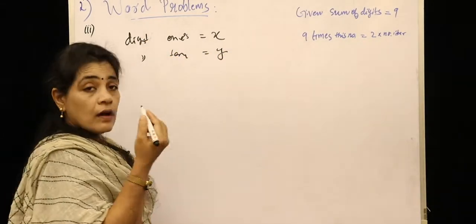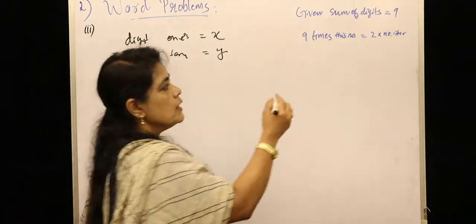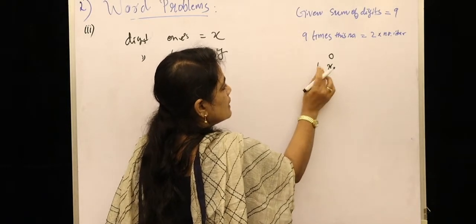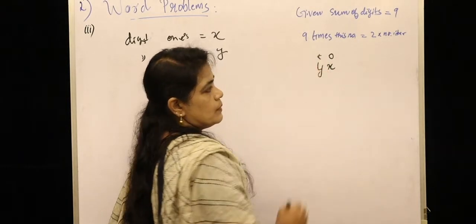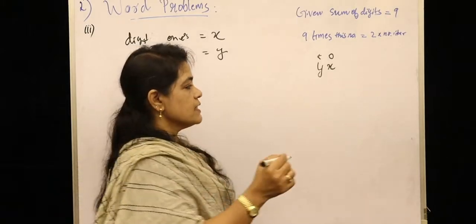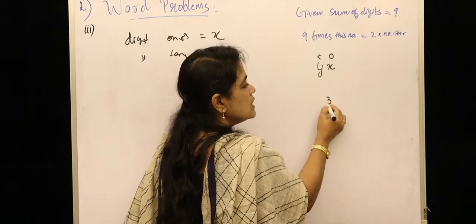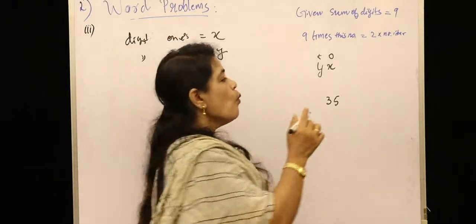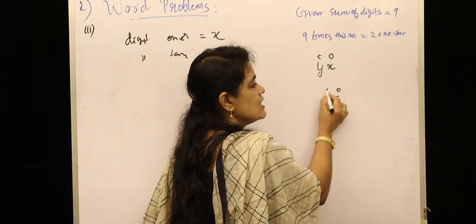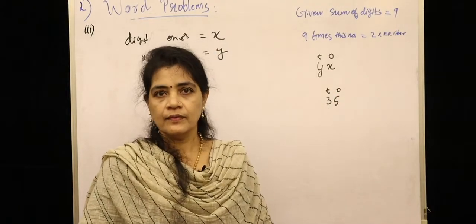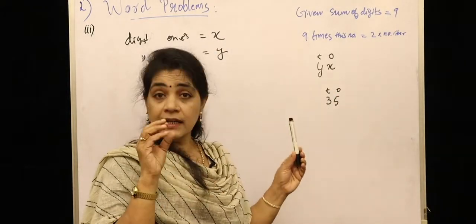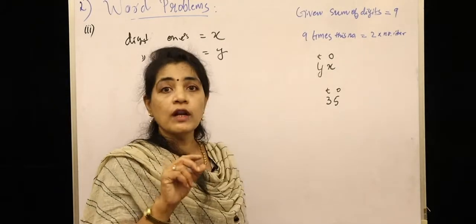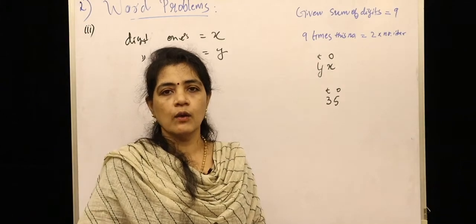Okay, that means how can we place them? x comes in the ones place and y comes in the tens place. See, for example, if we have 35, the ones place is 5 and the tens place is 3. In the same way I placed the variable x for the ones place digit and the variable y for the tens place digit. That point is clear?